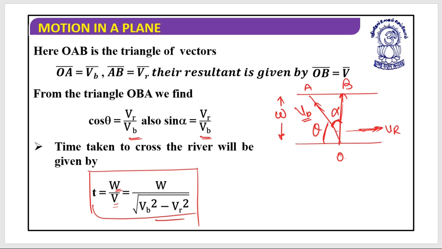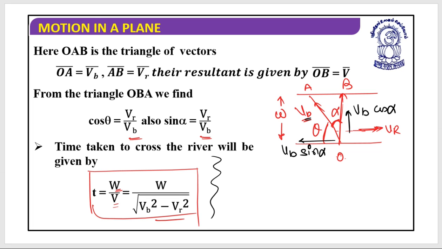Now the second approach will be how you could cross the river. So what I understand is that this is VB, the velocity of the boat with respect to the river. So in this direction it is VB cos alpha, and in this direction it is VB sin alpha. I hope this is clear.